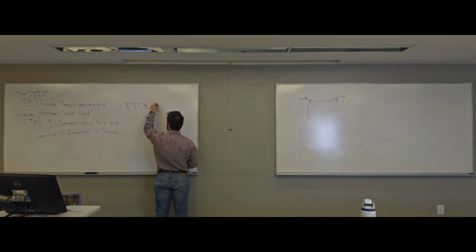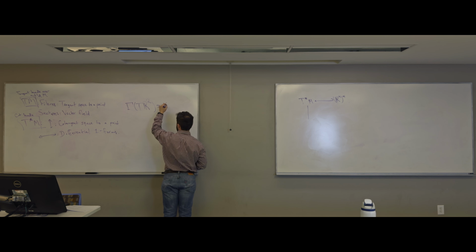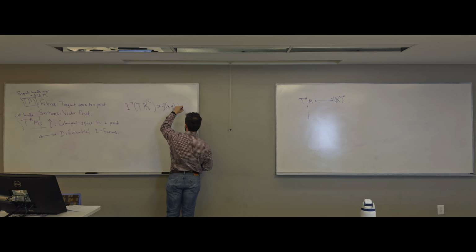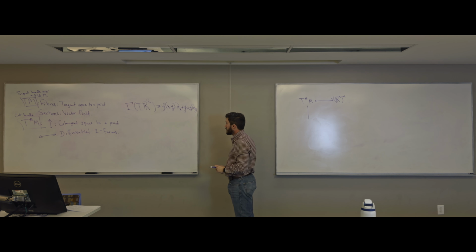Maybe I can describe all of them: f of x,y del x plus g of x,y del y. Make sense? Just a generic vector field on R2.